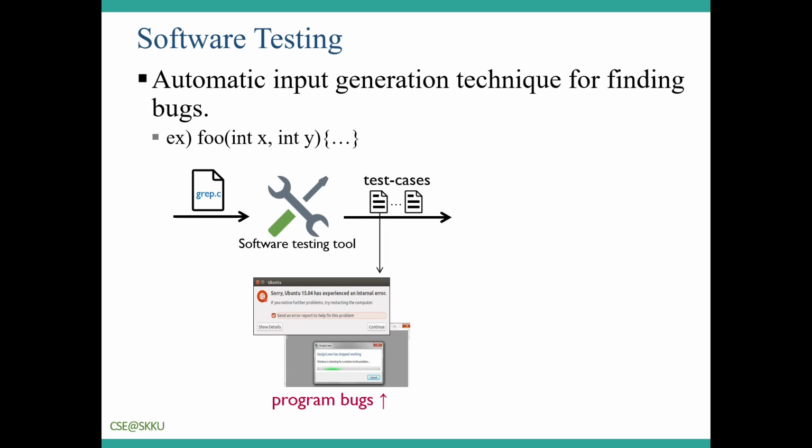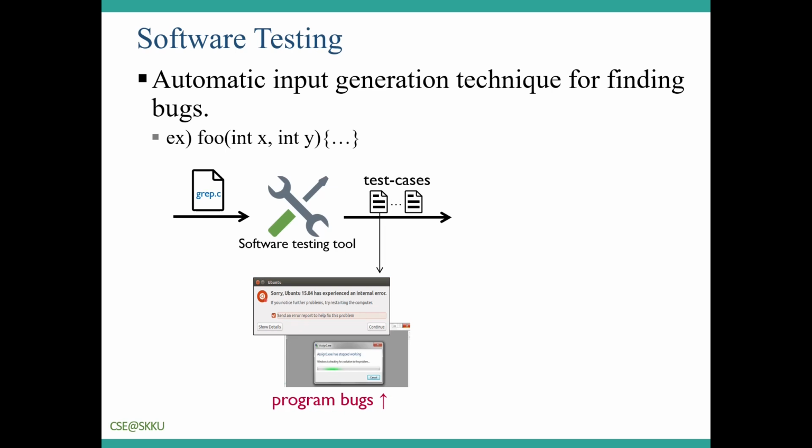In general, a single test case is simply an input that executes the program. For example, if we have a function foo(int x, int y), then a pair of concrete values for x and y would form a single test case.